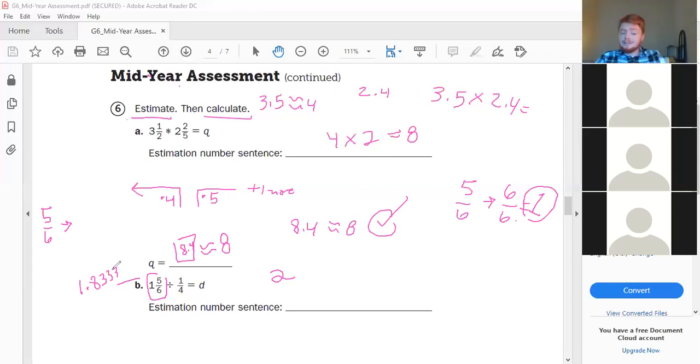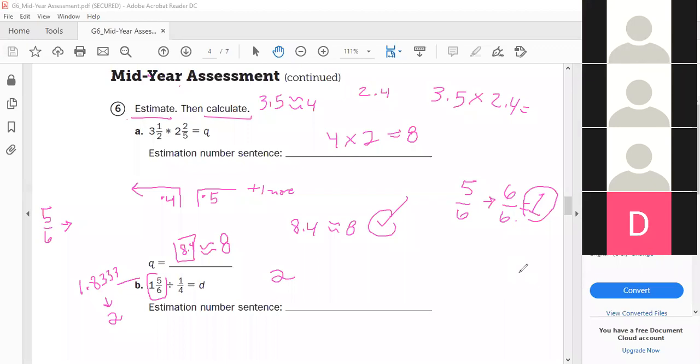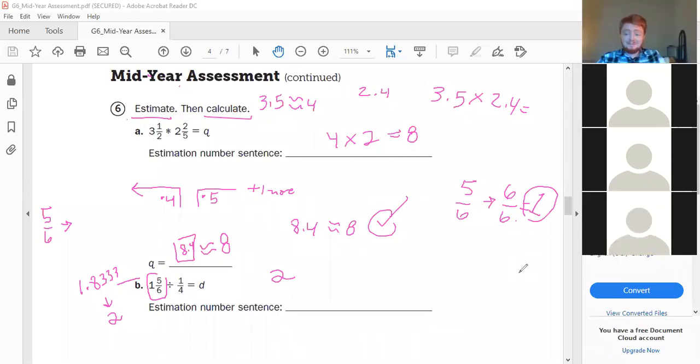So, do you guys see how 1.8333 can be rounded to 2? Does that make sense? Anybody? Nobody? Doesn't make any sense at all?